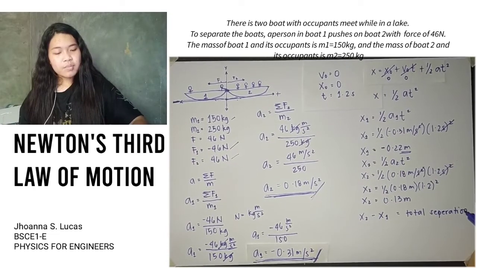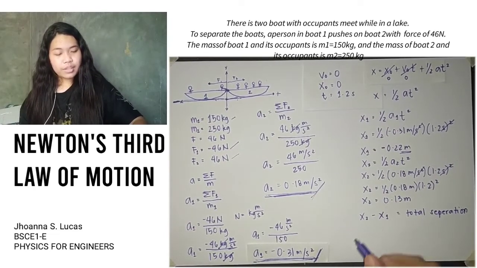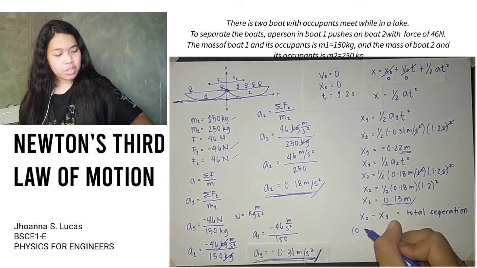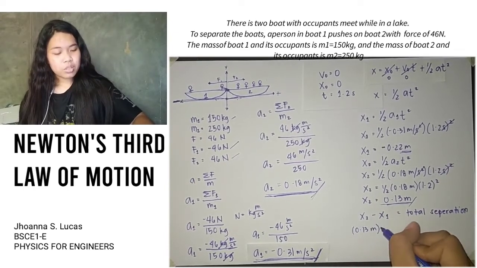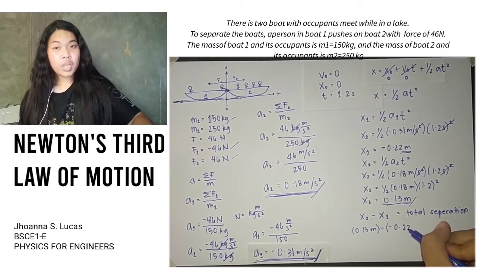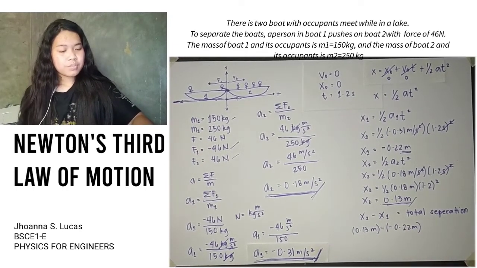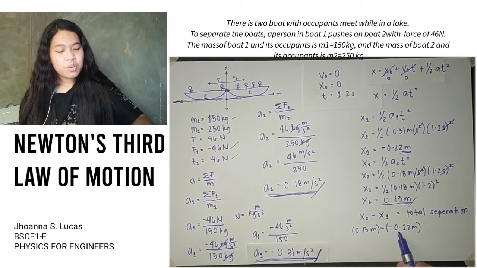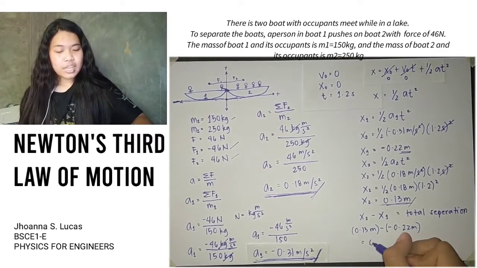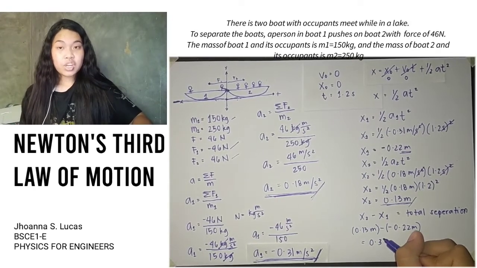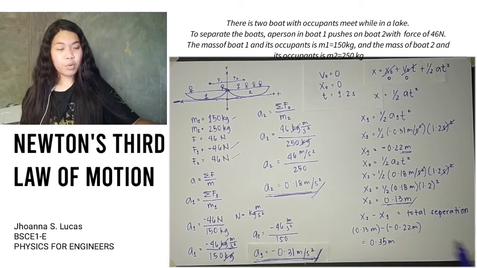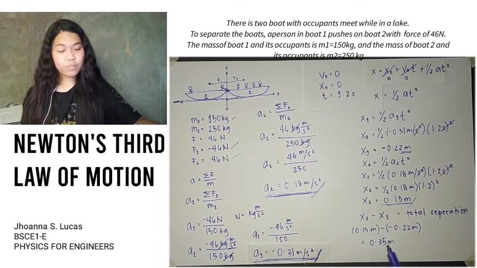So x sub 2 is 0.13 meters minus our x sub 1, which is negative 0.22 meters. So 0.13 meters minus negative 0.22 meters is equal to 0.35 meters. So the separation of the boats after 1.2 seconds of pushing is 0.35 meters.